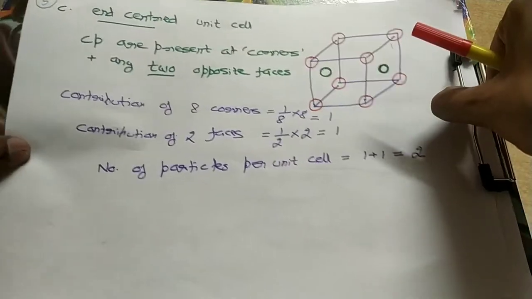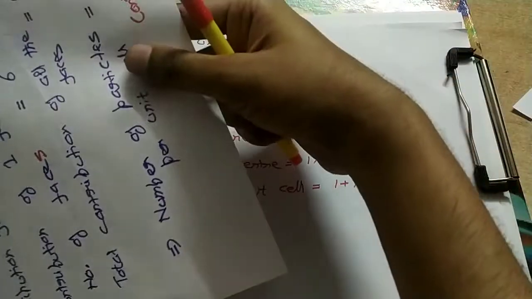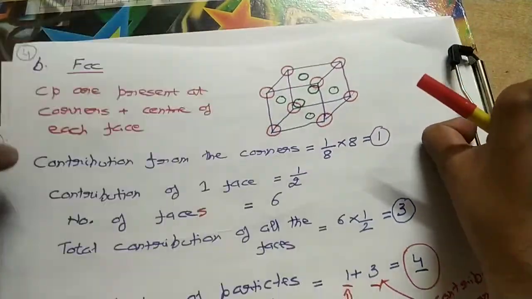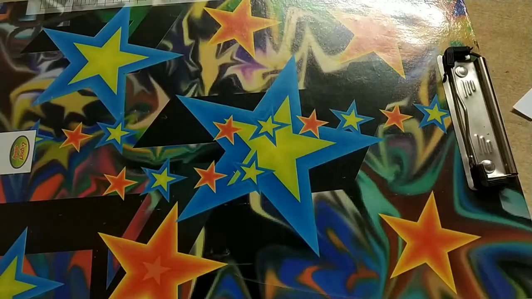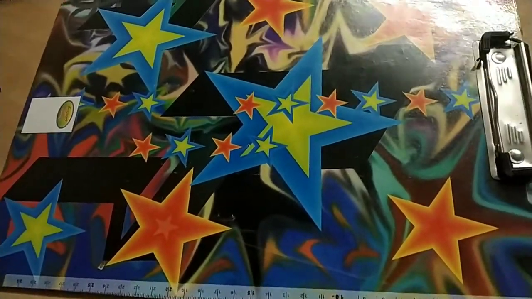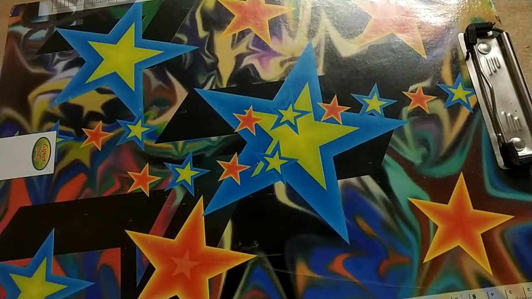Next is FCC. FCC is number of constituent particles per unit cell in case of face centered cubic unit cell.